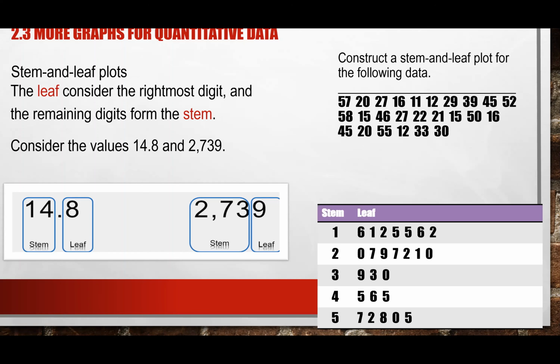Your stem and leaf plot, your leaves have to be in order from smallest to largest. So if you give them this stem and leaf plot, they will tell you it's wrong because it's not in the order, the syntax that they want. So make sure you put in order, which is you have to put 1, 2, 2, 5, 5, 6, 6. Basically put them in ascending order from smallest to largest, okay?